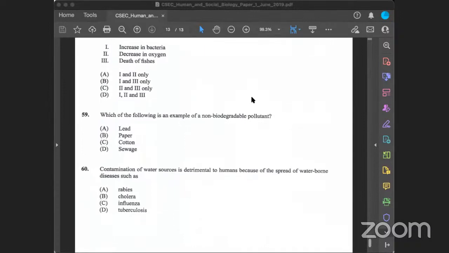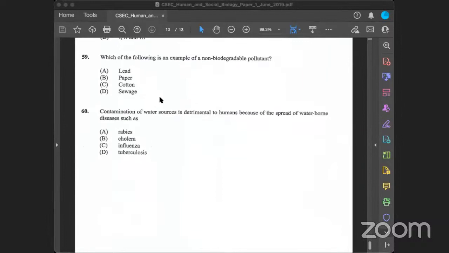What's your non-biodegradable pollutant? Lead. If it's non-biodegradable, it means it's not broken down, right? And if it's biodegradable, it means it's broken down by your microorganisms. So the only one that's not biodegradable there is lead.